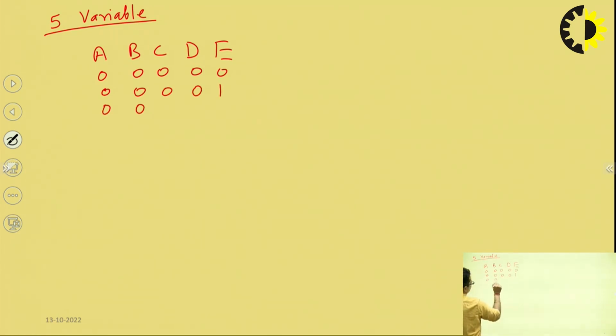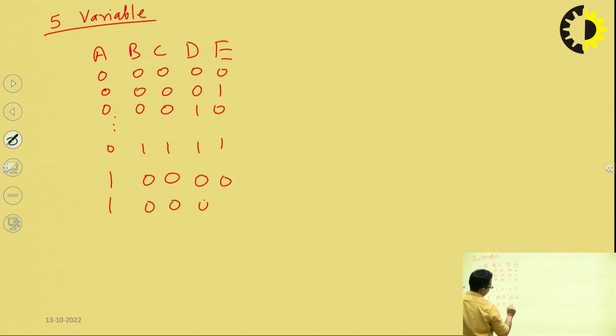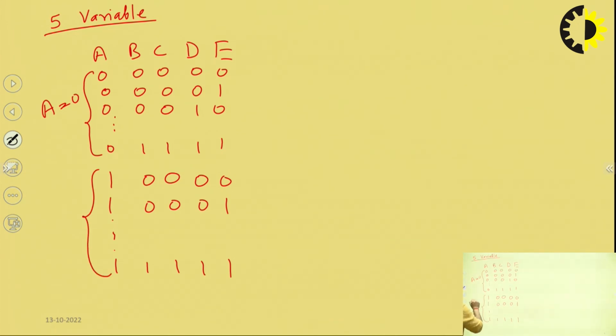similarly, it will go up to 0, 1, 1, 1, 1, and now it will change to 1. Again, this one will be moved to 1, and finally this will also move till the last combination. So if we observe, we are getting these combinations for a value 0, and these combinations for a value 1.